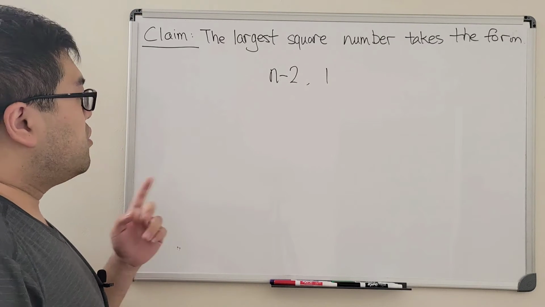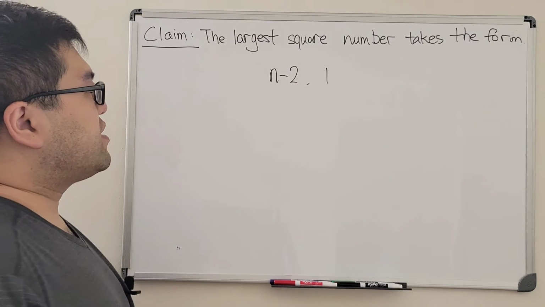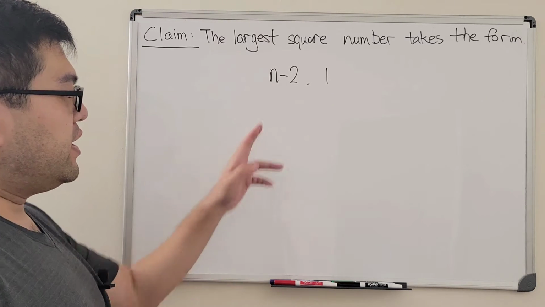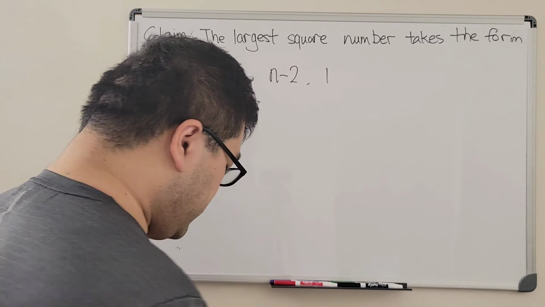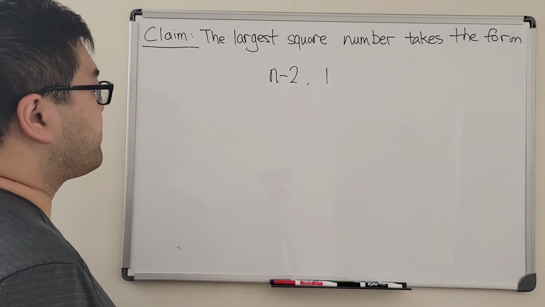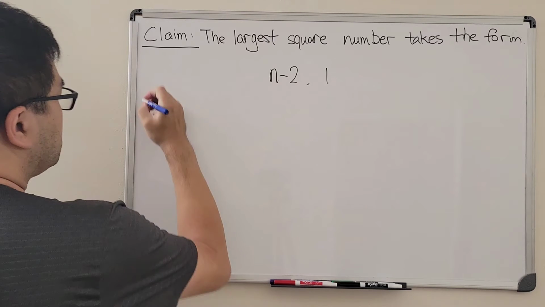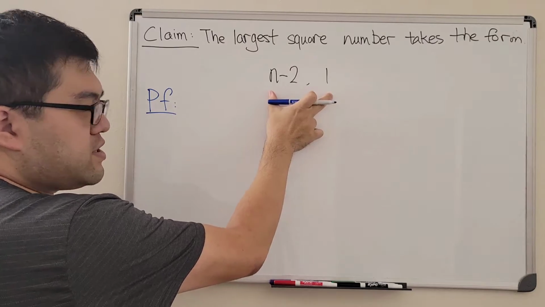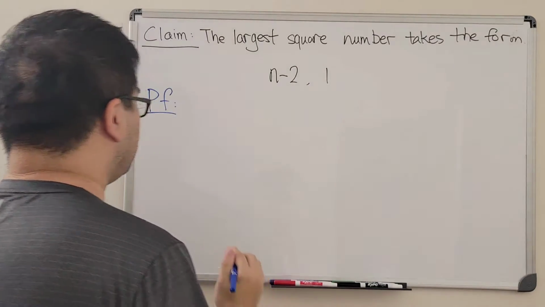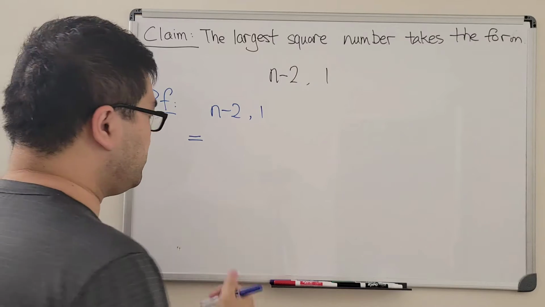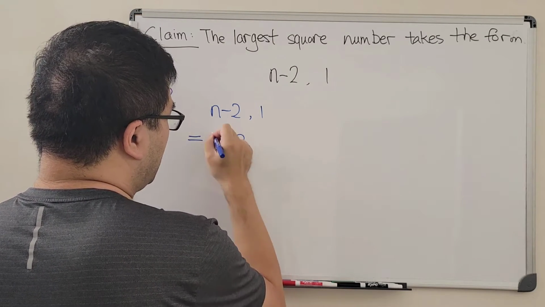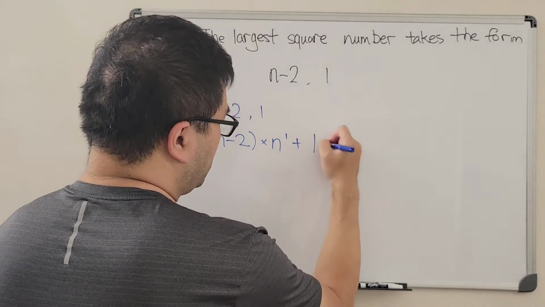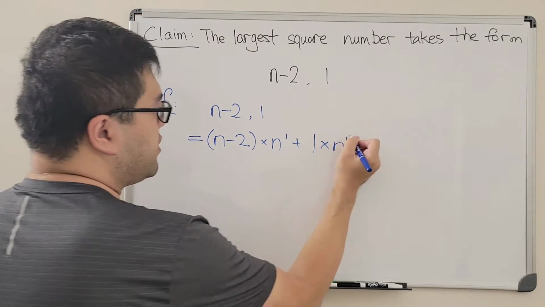Nice. Okay, and last board, we claim that the largest square number less than 100 in base n takes the form n minus 2 comma 1. So here is our proof. First, we're going to rewrite this as an algebraic expression. n minus 2 comma 1 means we have n minus 2 copies of n to the first power plus 1 copy of n to the 0th power.